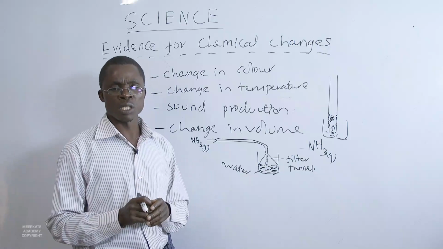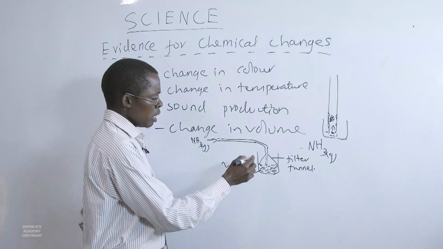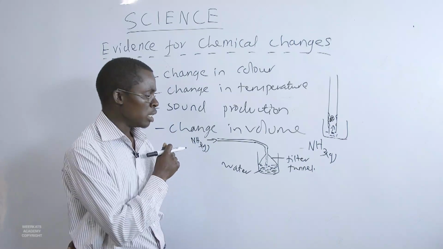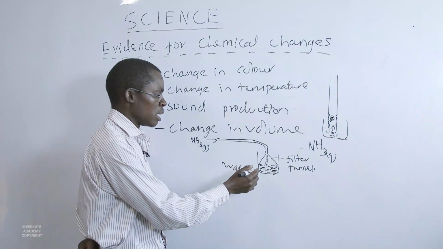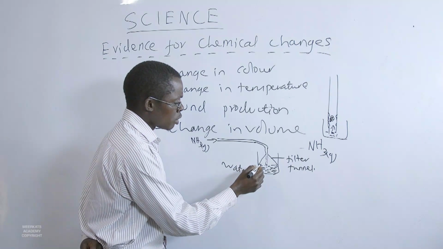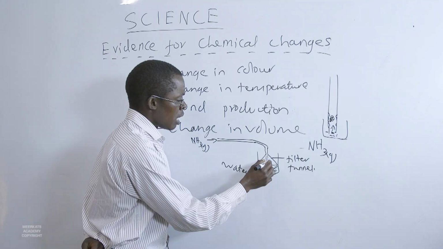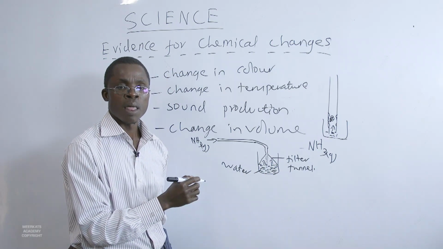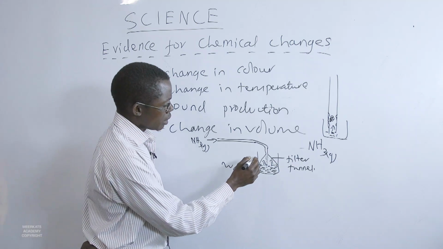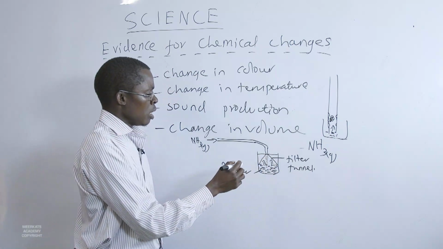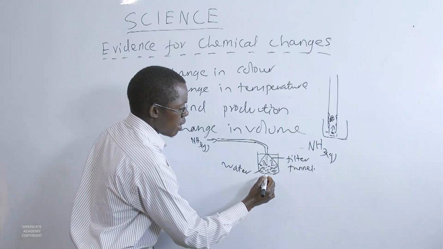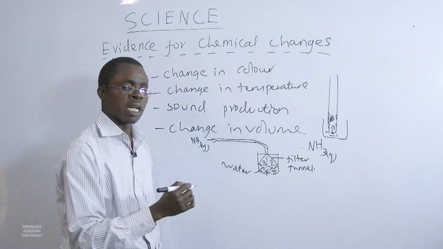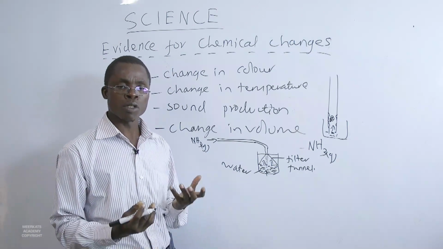But what are we going to see? Because of this gas, ammonia, dissolving very fast in water, the volume of this water will be seen rising very fast, until one may wonder, is there an injection of water from the bottom?